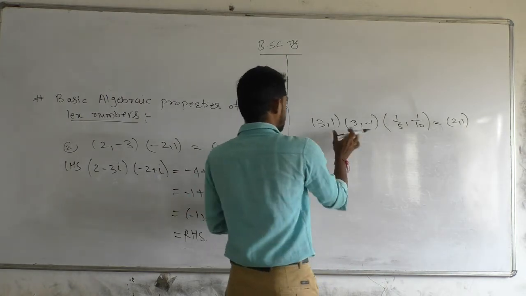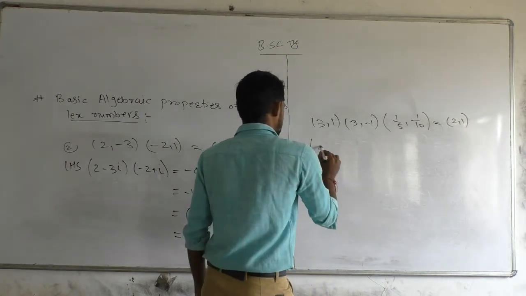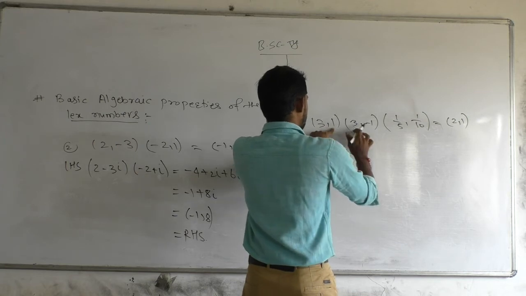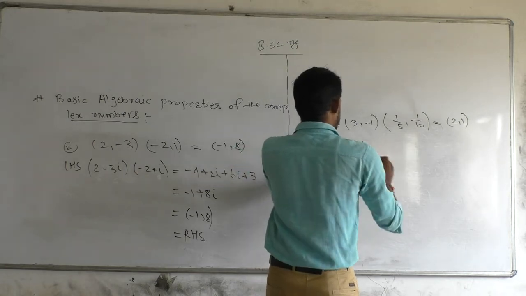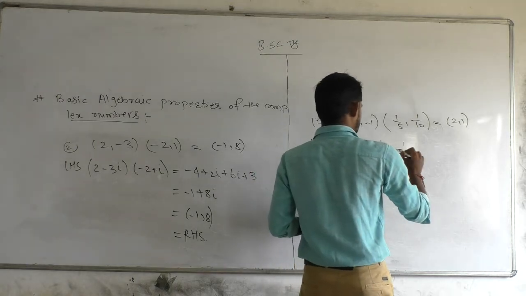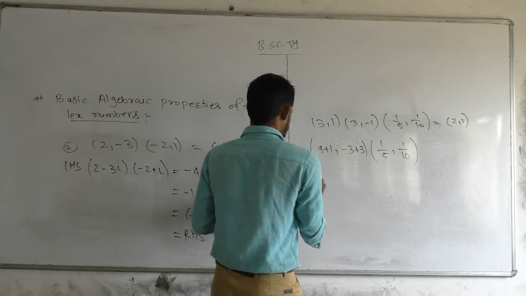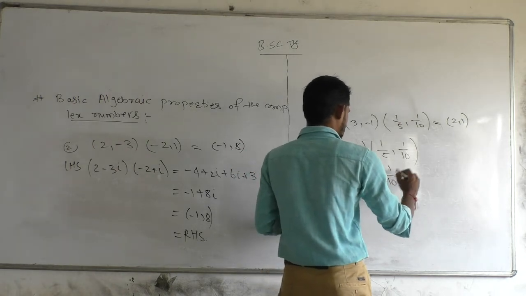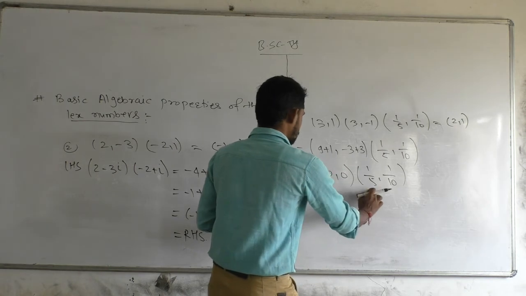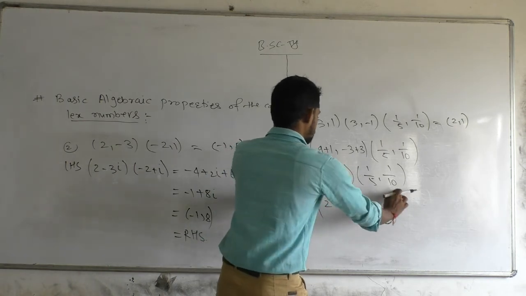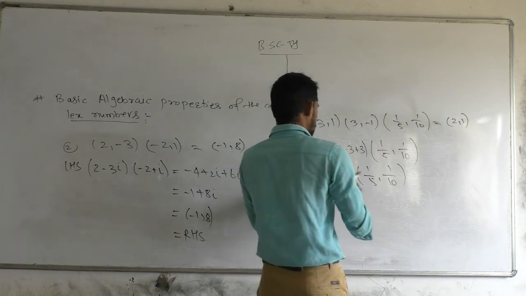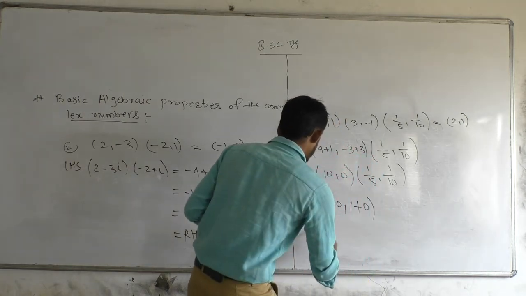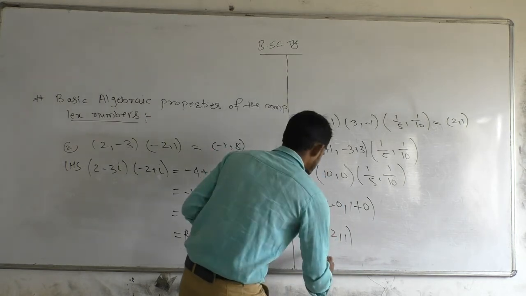So directly calculate the multiplication of the first two complex numbers: 3 into minus 3 minus 1 into minus 1, and so on. So this is (10, 0) and it is times (1 by 5, 1 by 10). So calculate this: 10 into 1 by 5 is 2 and 0 into this is 0; comma; 10 into 1 by 10 is 1 plus 0 into 1 by 5 is 0. So it is (2, 1). So it is RHS.